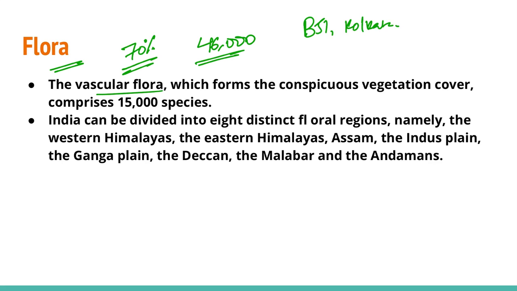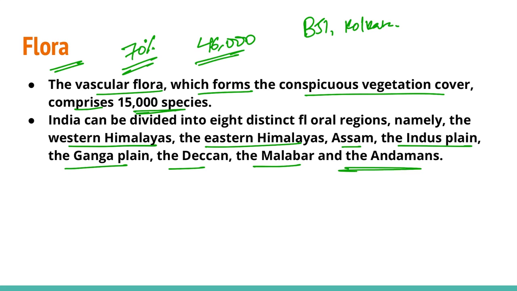The vascular flora, which forms the conspicuous vegetation cover, comprises 15,000 species. India can be divided into 8 distinct floral regions, namely the Western Himalayas, the Eastern Himalayas, Assam, the Indus Plain, the Ganga Plain, the Deccan, the Malabar and the Andamans.